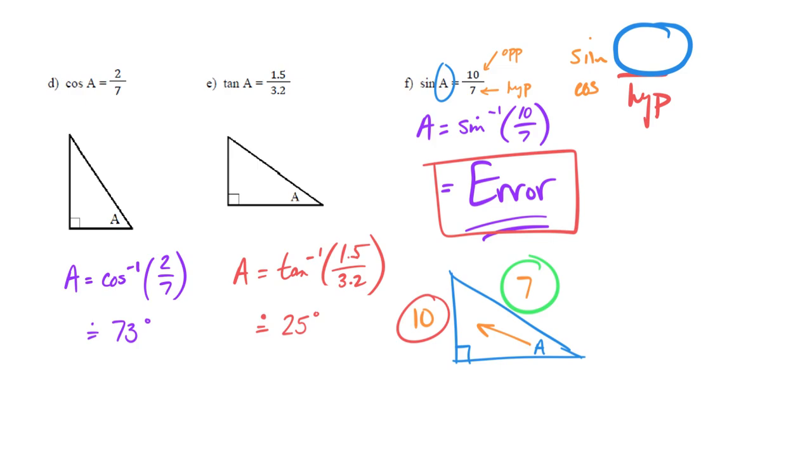The Pythagorean theorem says the bottom must be the longest side. So that's something to take note of. Notice back in question E, my top was smaller than my bottom. D, my top is smaller than my bottom. No problem. F, my top is bigger than the bottom.